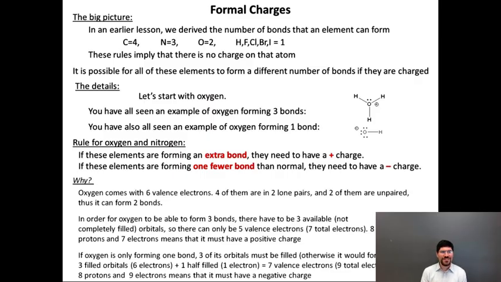There is 1 half-filled orbital, that's 1 electron, and therefore it has a total of 7 valence electrons. Again, adding in the core electrons, that oxygen would have 9 total electrons. 8 protons and 9 electrons means that it must have a negative charge.